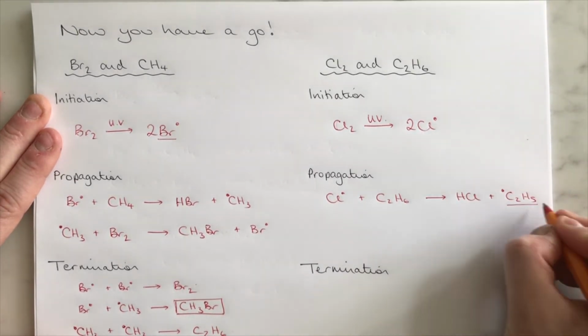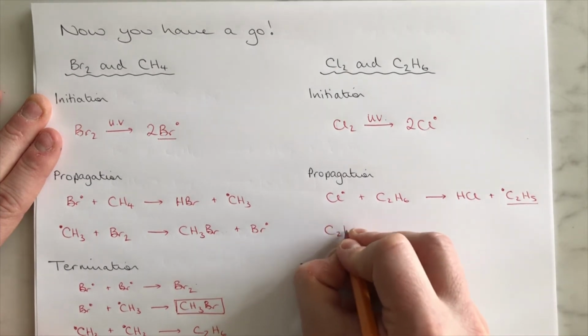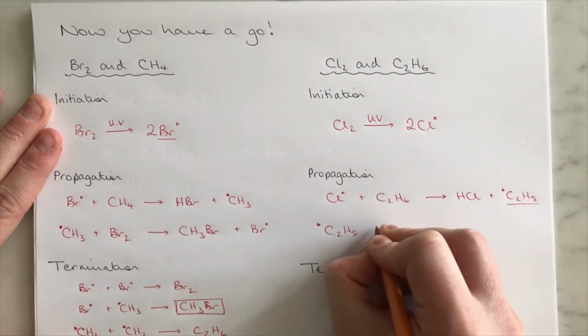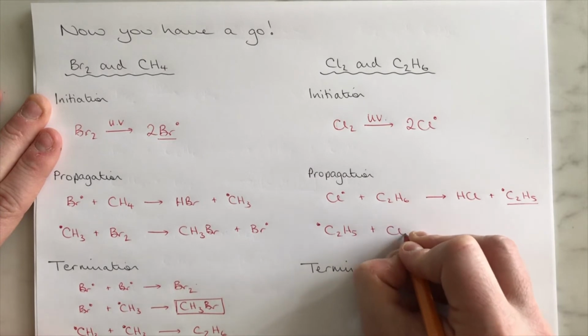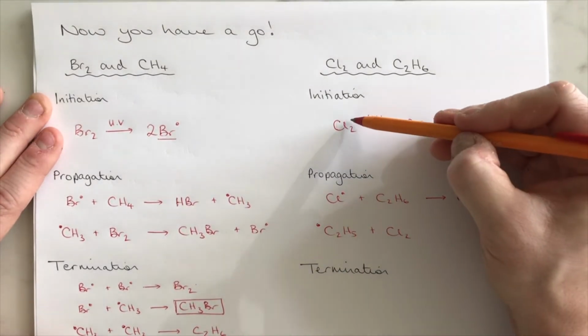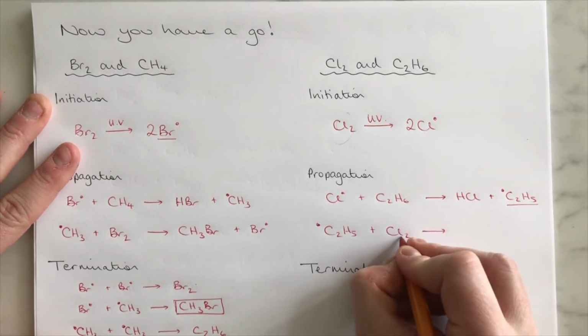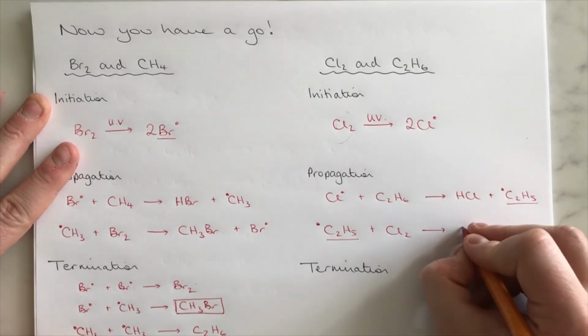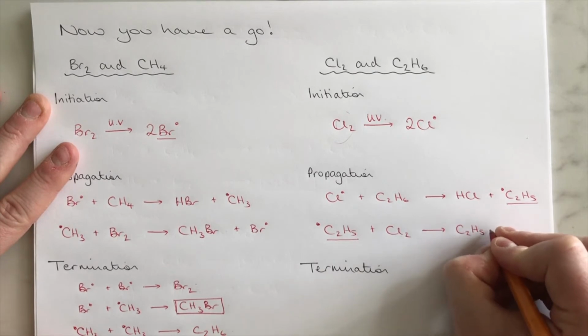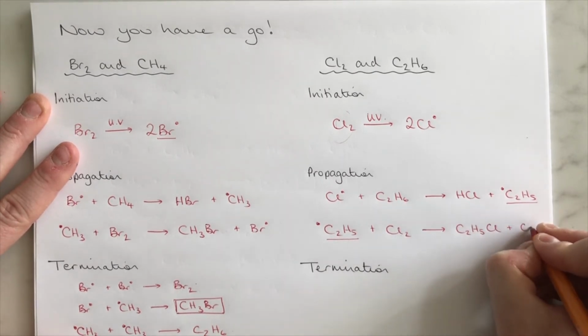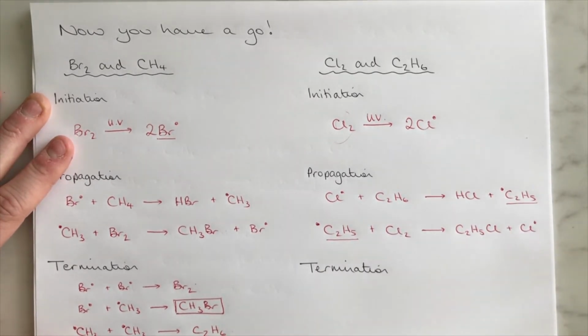Then the C2H5 that we've just generated is going to collide again with one of the Cl2s that wasn't reacted, and it will split that Cl2 up. One of them will stick onto this, so we'll end up with C2H5Cl and a chlorine radical.